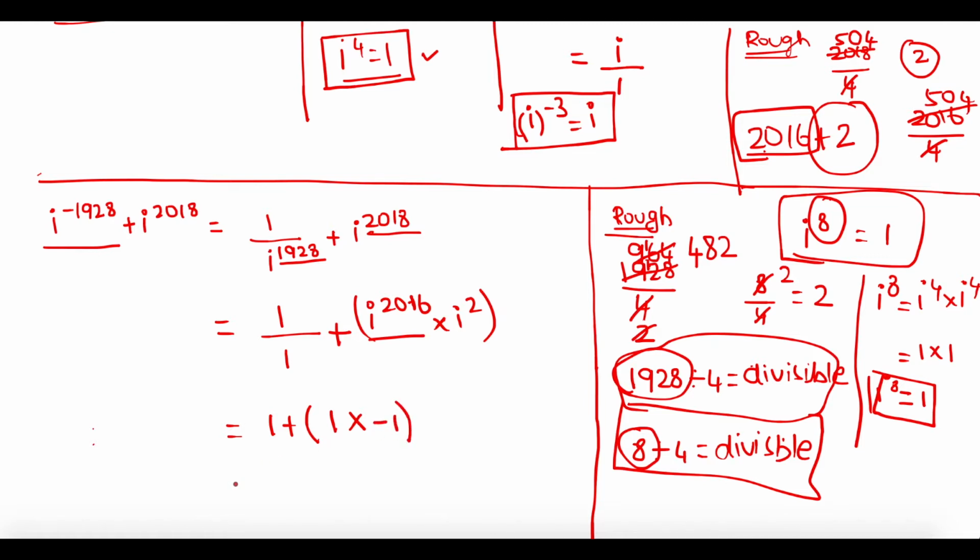So using BODMAS rule, we first do the multiplication. It is going to be minus 1, which is equal to 1 minus 1, which is nothing but 0. So i to the power 1928 plus i to the power 2018 is nothing but 0.